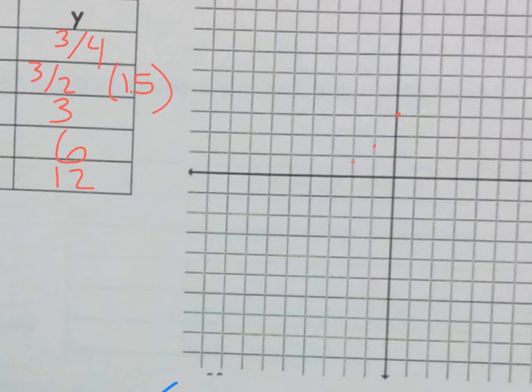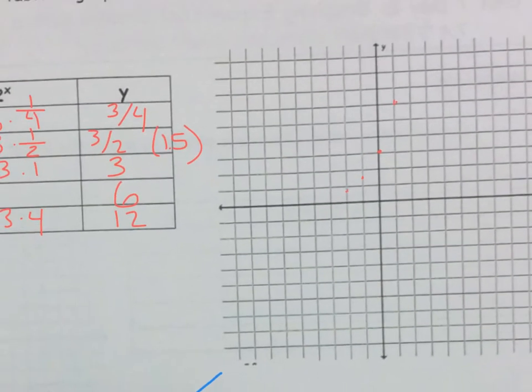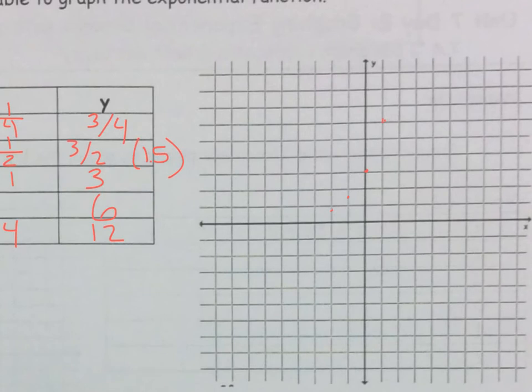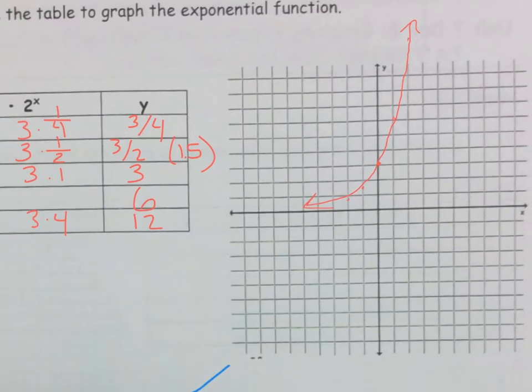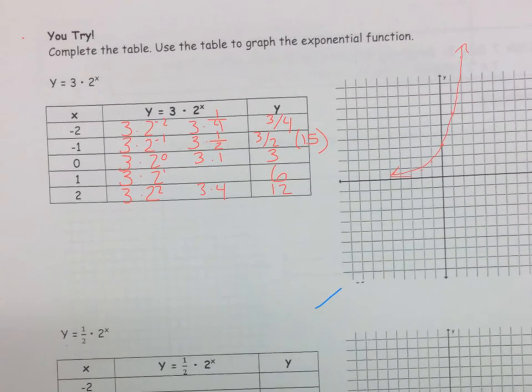I won't have room for the 12 on there. If I did go all the way up to 12, it'd be up 10, 11, 12, up here. If you want to, you can. Here is the curve of this graph, so you can see what it's doing. It's not great at the bottom, but you can see that exponential curve in this.